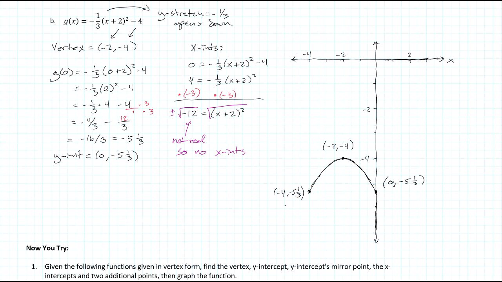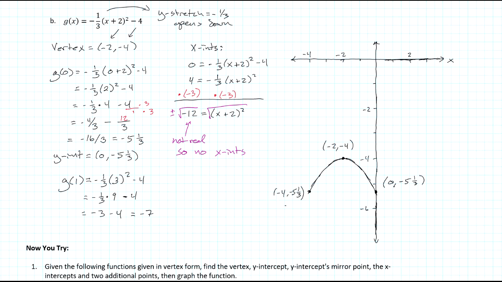So if I plug in 1 for x, g of 1 is going to equal negative 1/3 times (1 plus 2) squared minus 4. 1 plus 2 is 3 squared. This would be negative 1/3 times 9 and then minus 4. Negative 1/3 times 9, that's negative 3, and then we need to subtract 4, and we get negative 7 out of that. Cool.